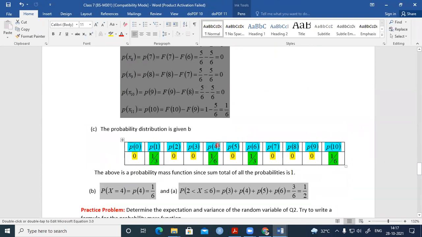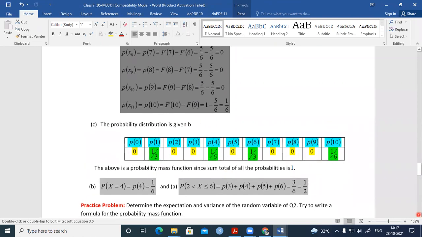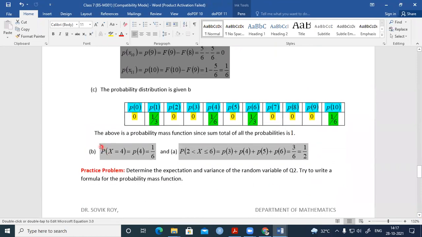This is the probability at the individual points. So we have calculated all the probabilities and we have plotted these probabilities in the table. This is the probability function, because this is a discrete case.